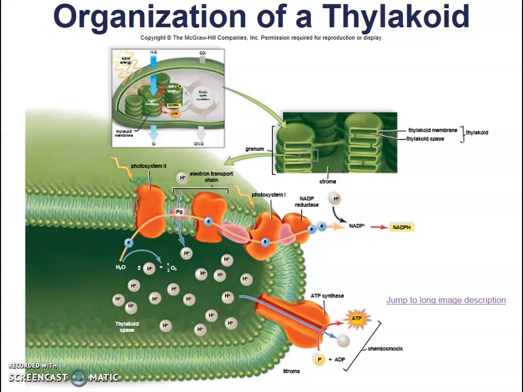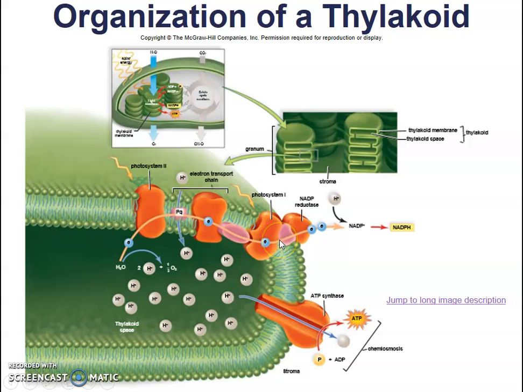So here we have the organization of the thylakoid. So here we have our membrane. All right, here we have photosystem 2 and our electron transport chain, where the excited electrons move through. They get excited in photosystem 2. They move down the electron transport chain, releasing little bits of their energy until they get to photosystem 1, where they are once again excited.